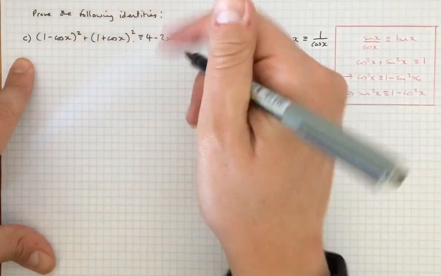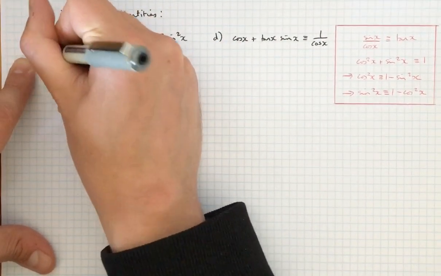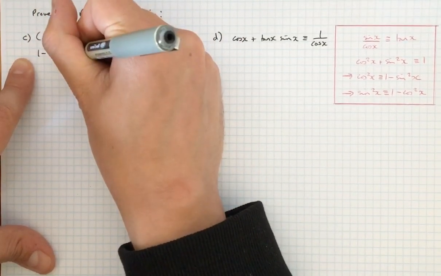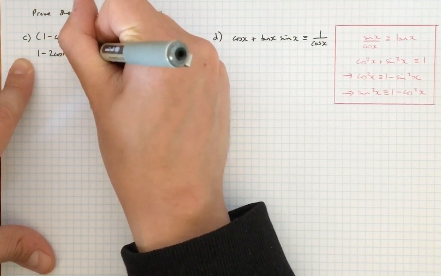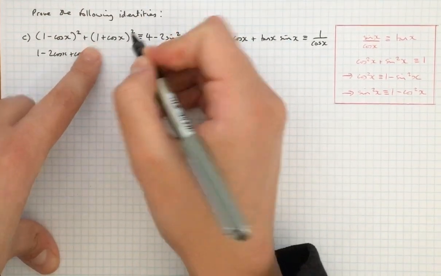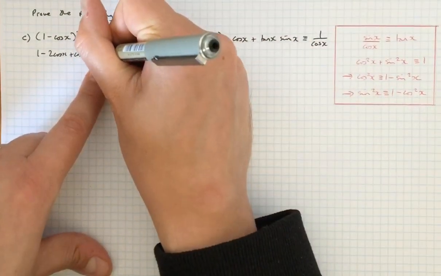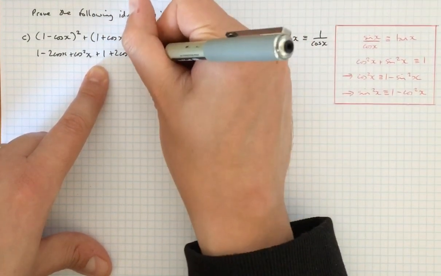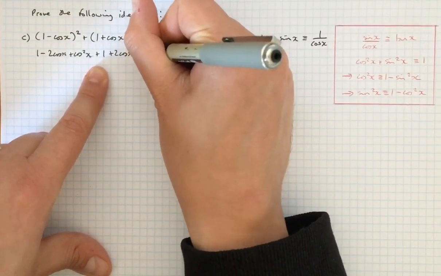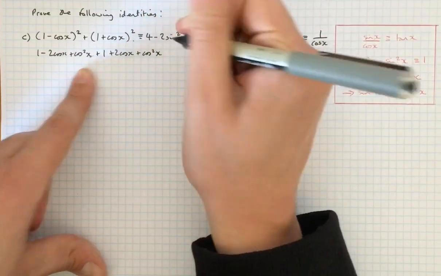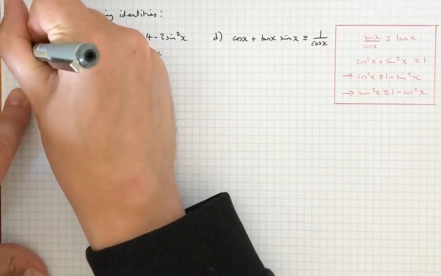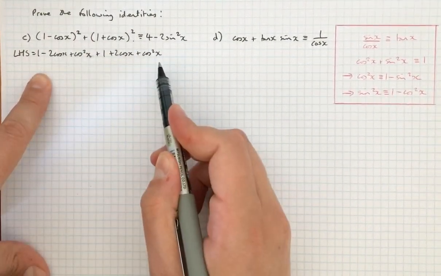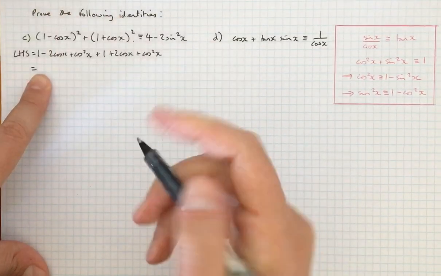So when I multiply this out I'm going to get 1 minus 2 cos x plus cos squared x, and then multiplying out this one I'm going to get 1 plus 2 cos x plus cos squared x, and that's our left hand side, isn't it? Okay, so all I've done is I've taken the left hand side, multiplied everything out.